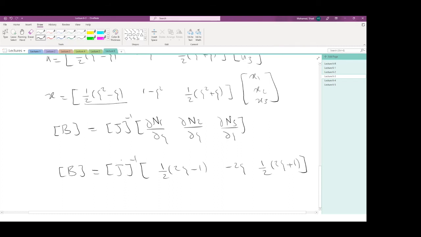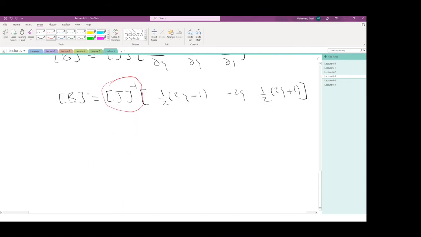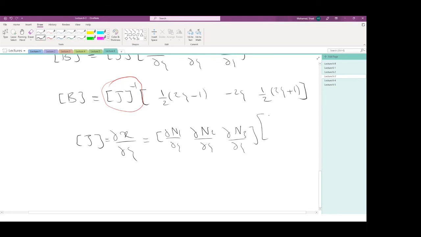Then I need to find the Jacobian in order to find its inverse. The Jacobian is equal to the derivative of x with respect to xi, and that is just the derivative of the shape functions multiplied by x1, x2, and x3.